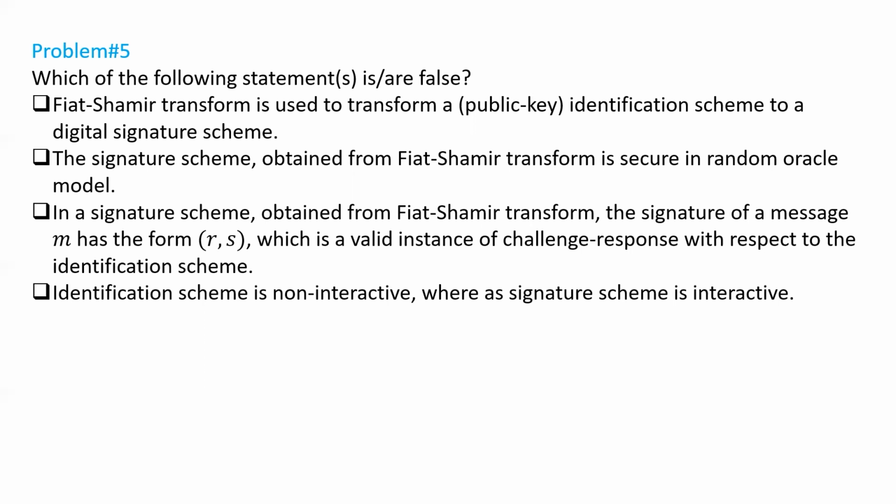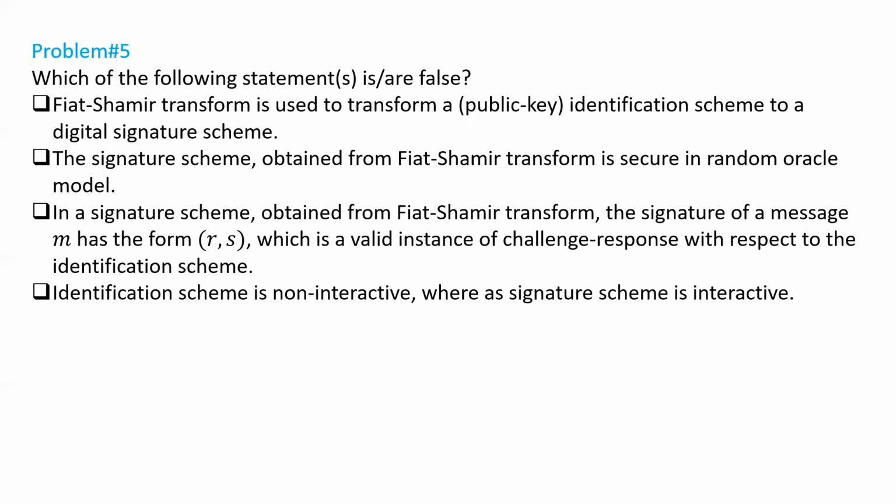Now, what if the signer here is corrupted and it chooses some challenge of its own choice? That is prevented by taking into account a hash function. So this hash function should be modeled as a random oracle.